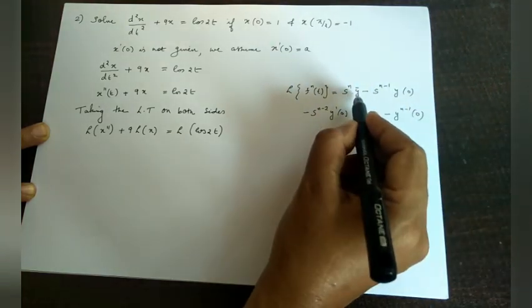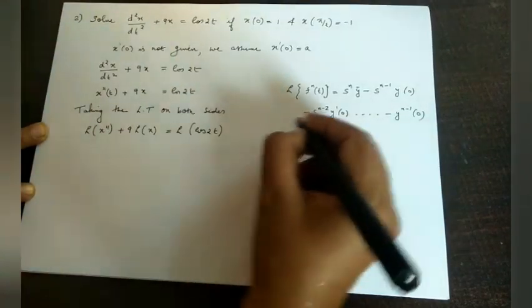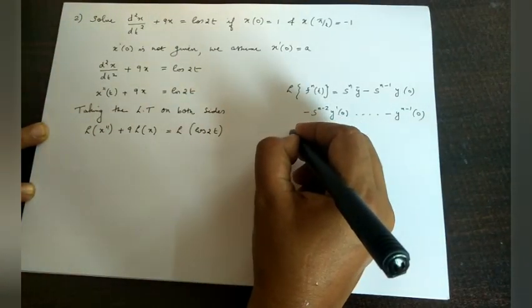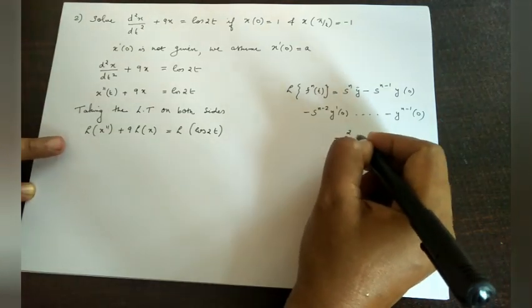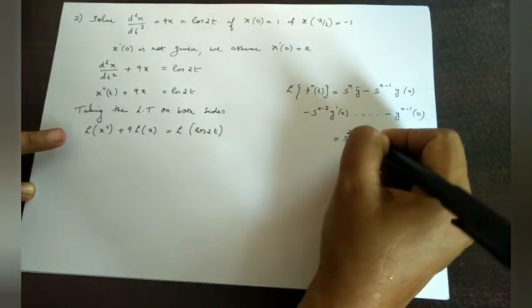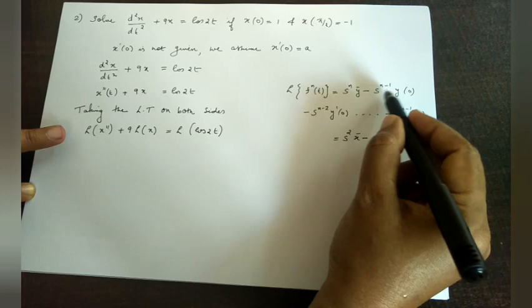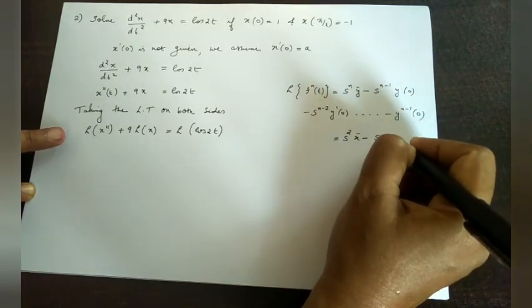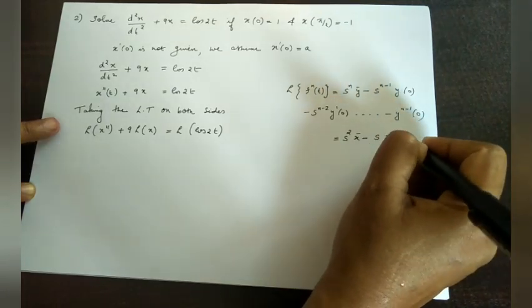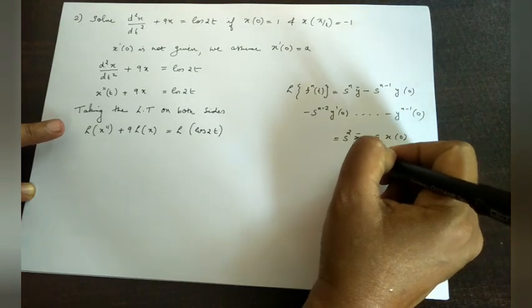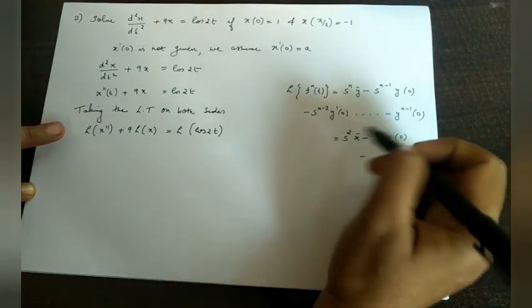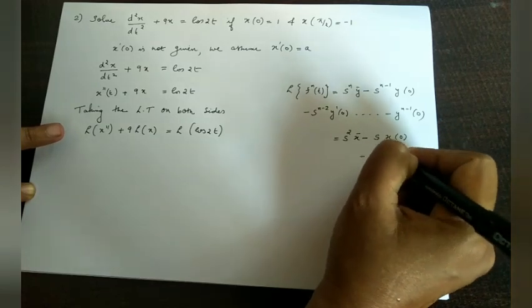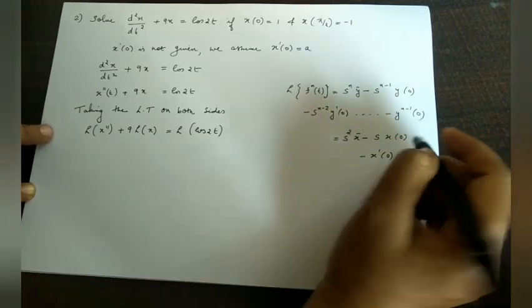In this, put y equal to x. Therefore, we will get s^2 x bar minus s^(2-1) x(0), then minus s^(2-2), that is s^0, that is 1, times x'(0).